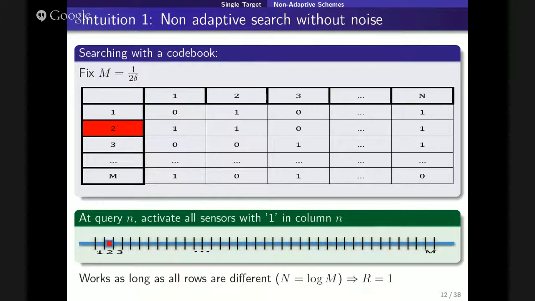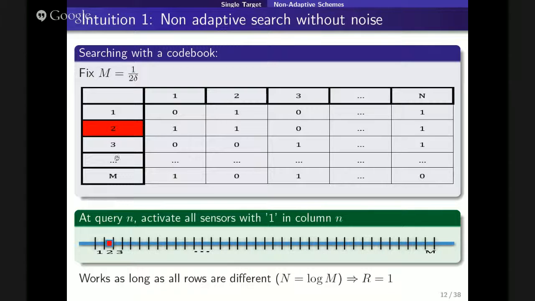This means we will be able to detect that the target is located in the second interval if all these rows are different, meaning that the number of queries we do should be larger than or equal to log M. So this is basically non-adaptive binary search. And here we have the rate.